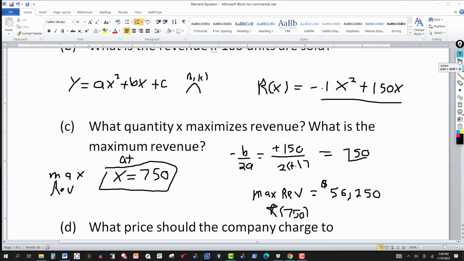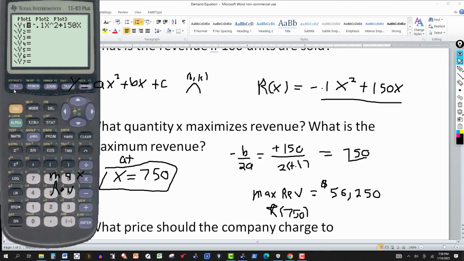Now, you can do the same thing on your calculator if you have a graphing calculator. So let me just do this. I have the revenue function inputted here. Instead of 1/10, I wrote it as a decimal, negative 0.1, x squared plus 150. On these types of problems, you're going to have large values, so the window has to be large enough, otherwise the graph won't fit.